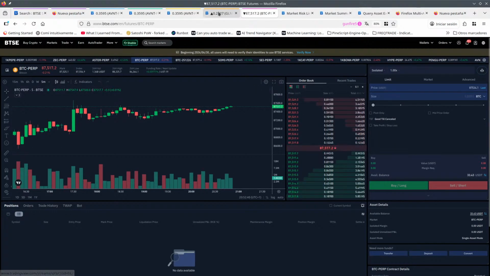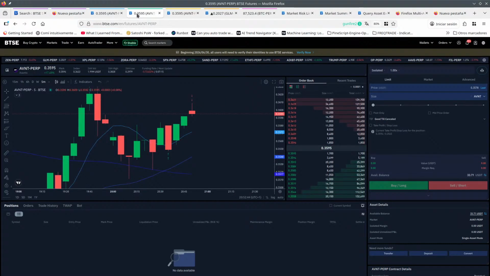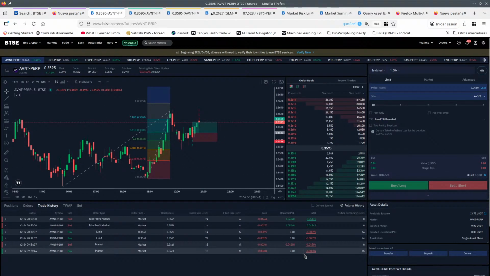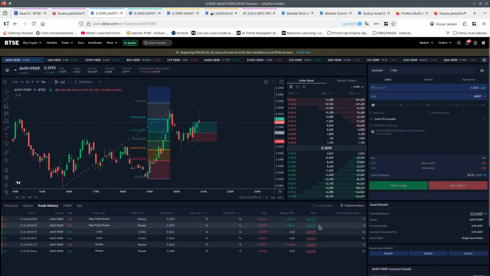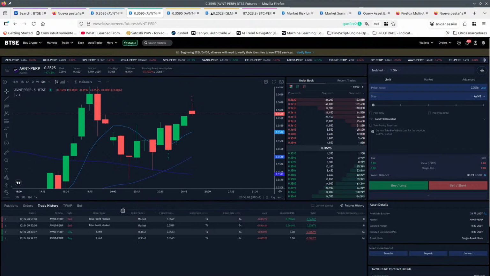So nothing here. The only ones that have any trades are 1 and 2, and this has been a success. So we have finally won something. Not much, but something. 0.25 in here, and this should be something similar. 0.25.